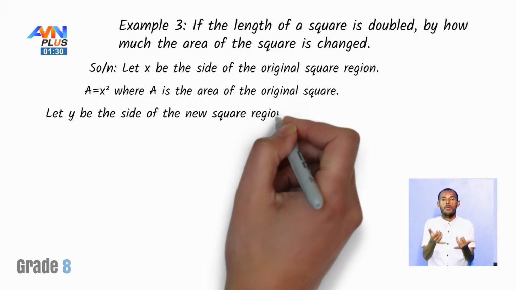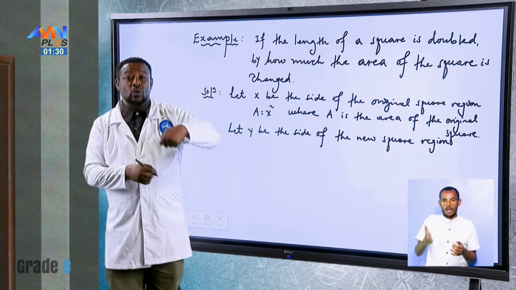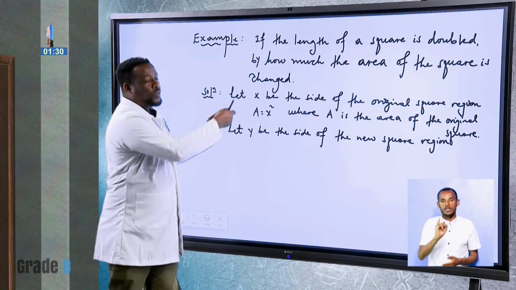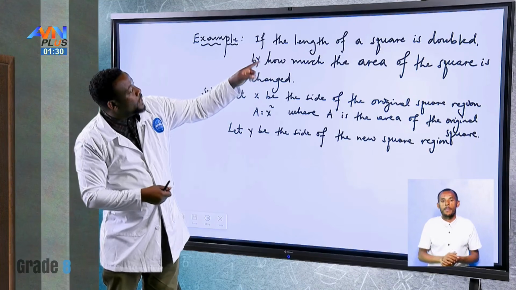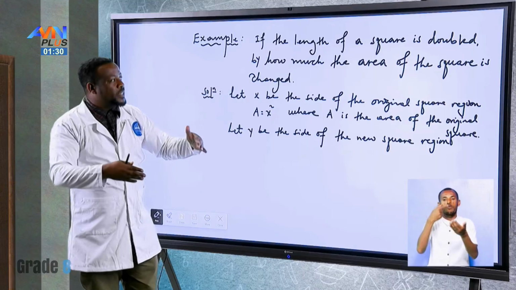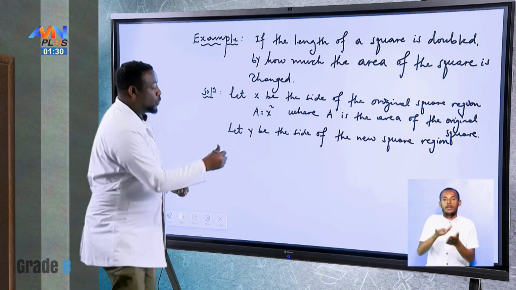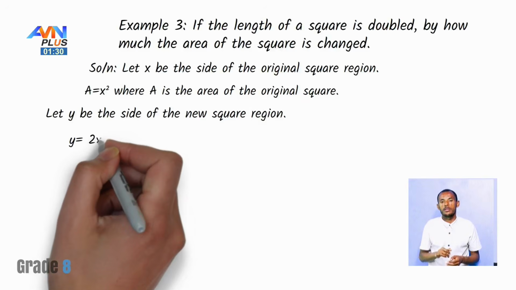Now, if y is the side of the new square region, this y is twice the old one, because the given information says the side is doubled. So that means y is twice the side of the original square.